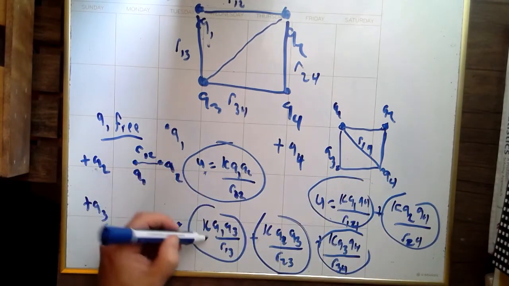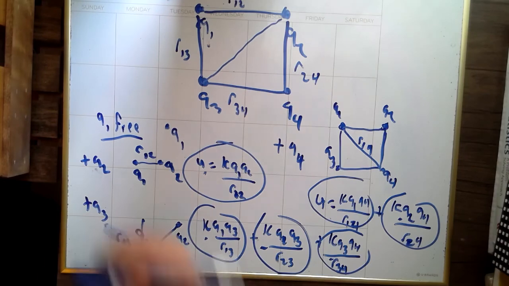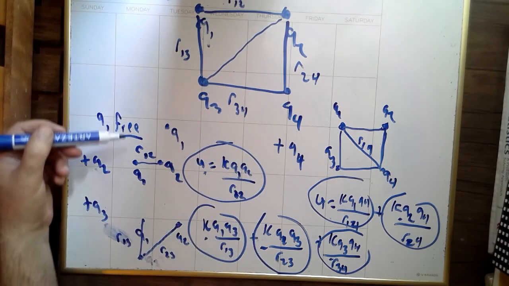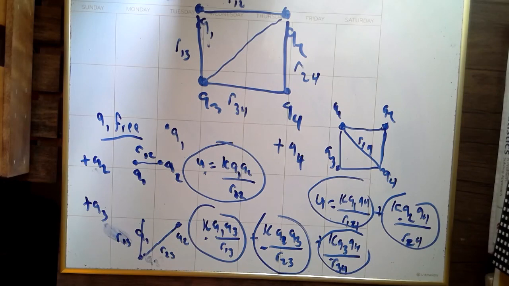I'd have to add up 1, 2, 3, 4, 5, 6 different energies. And that's the best way to approach these. Don't try to just write down all of them. Do it step by step. Bring in one charge at a time and find the energy that each charge that's already there contributes to bringing in that new charge.